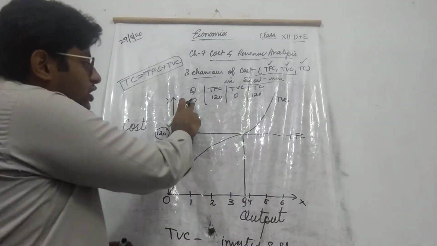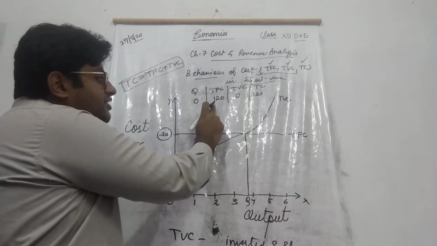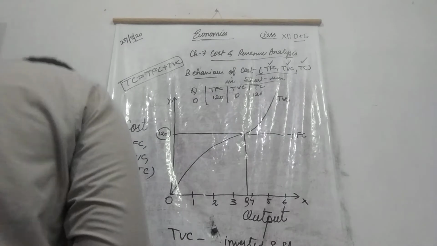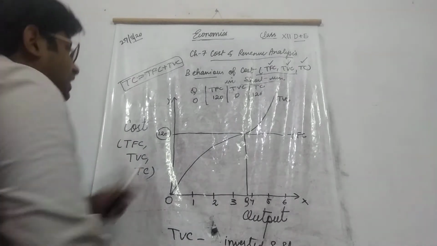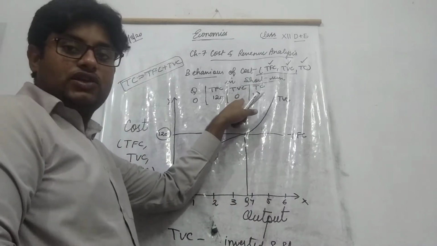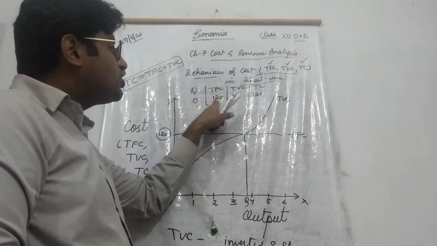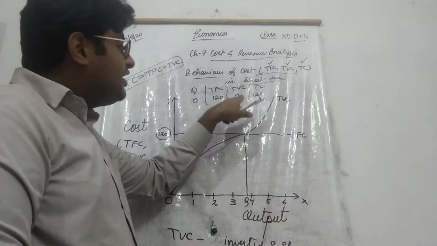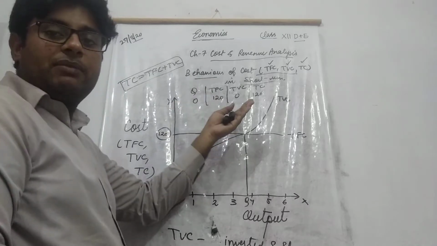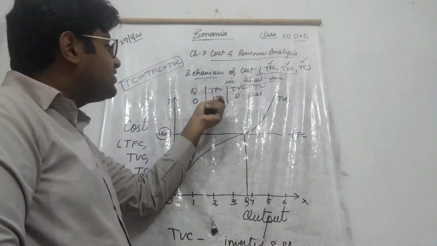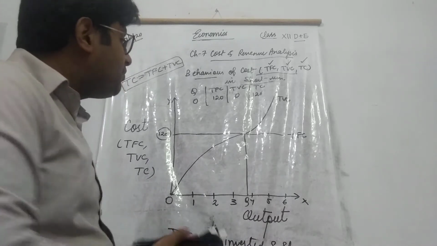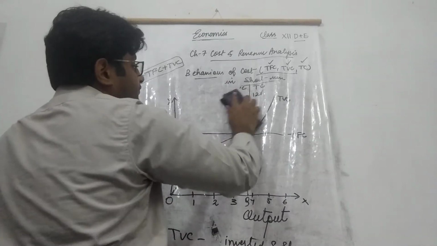That means at 0 level of output, your TFC will be equal to your total cost. Why? Because TVC is 0. Since TC is the summation of TFC and TVC, TVC is 0 at the 0 level of output and TFC is some positive number, thus your TC and TFC are equal at the 0 level of output. This is the proper answer to this question.